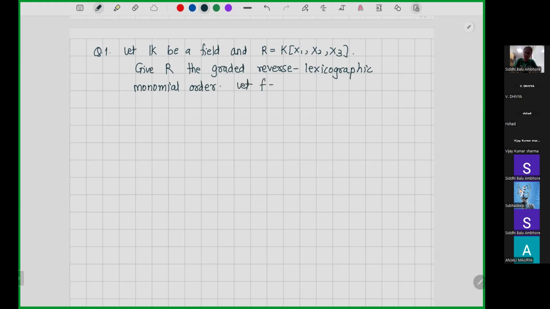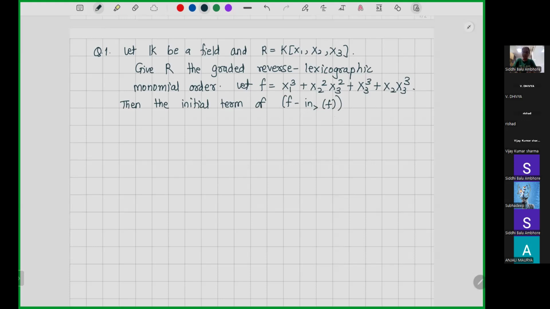And let F be this polynomial from this ring: x1 cube plus x2 square x3 square plus x3 cube plus x2 x3 cube. Then the initial term of F minus in(F). So this F is our polynomial which is given here, and in(F) is called the leading term or initial term of a polynomial.